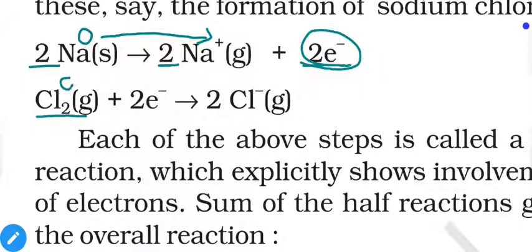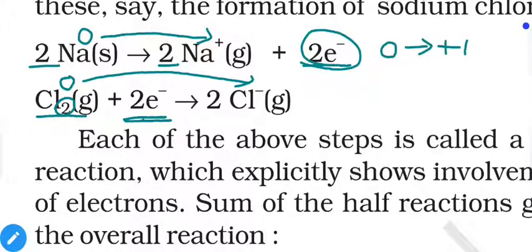Before the reaction Cl2 gas also has zero oxidation state, but it will get 2 electrons because we have two chlorines. Both of them will get 1, and it will change into -1 oxidation state. So the changes in oxidation state are, for sodium 0 to +1, for chlorine 0 to -1.